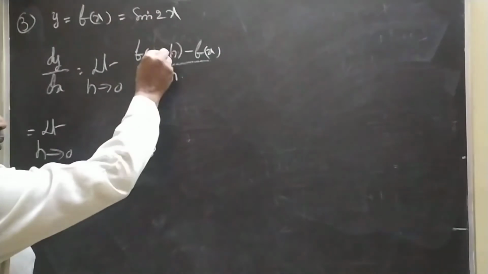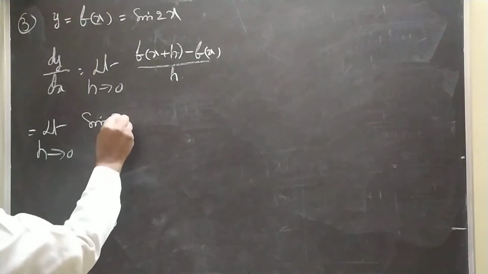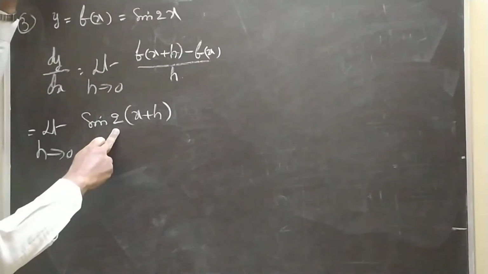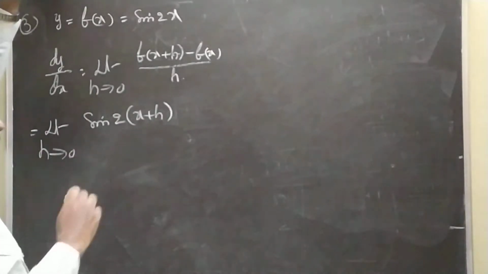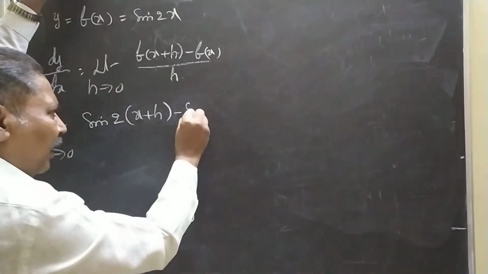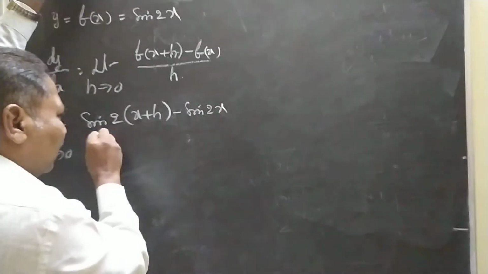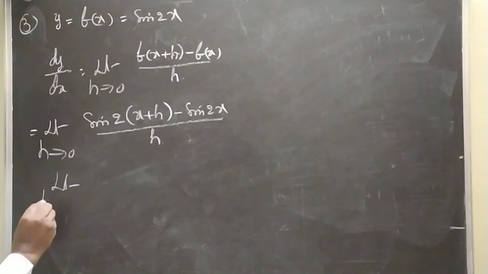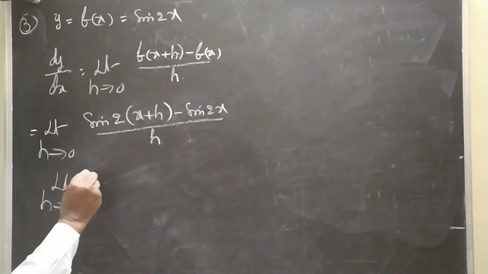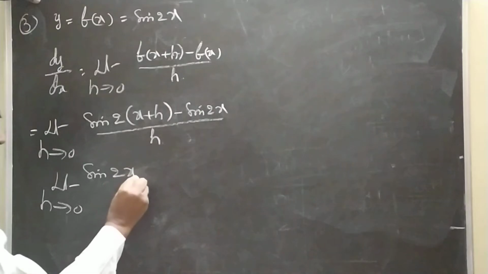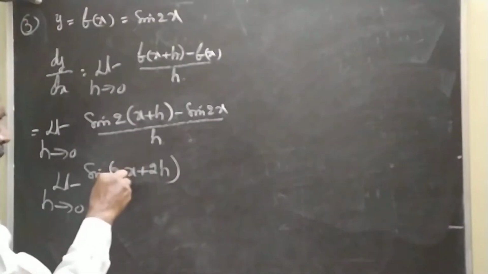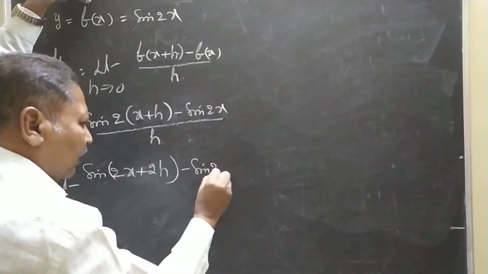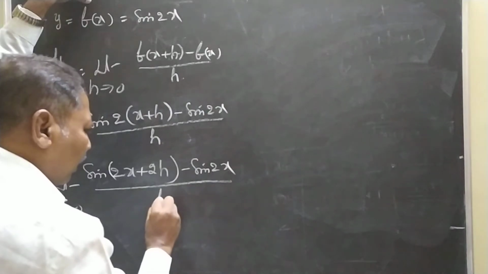Replace x with x plus h: sin 2 into x plus h, minus sin 2x, by h. Limit h tends to 0, sin of 2x plus 2h, multiplying the 2, minus sin 2x, by h.